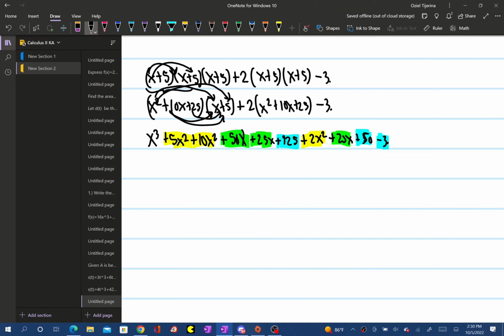Okay, so we have x cubed plus 15x squared plus 75x, and then plus 2x squared plus 20x, and then 50 minus 3, that's 47, plus 125.